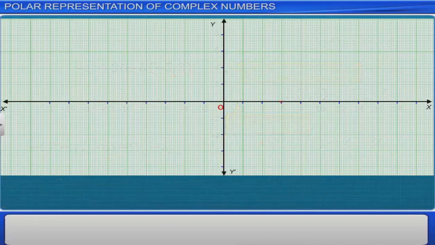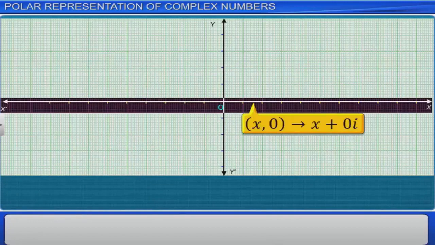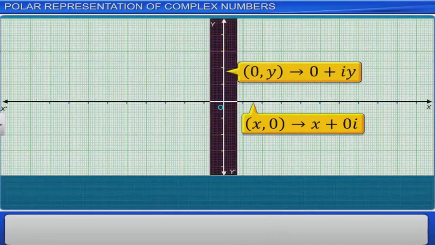All the points on the real axis are represented in the form (x, 0), corresponding to the complex number x plus 0i. Similarly, all the points on the imaginary axis are represented in the form (0, y), corresponding to the complex number 0 plus iy.